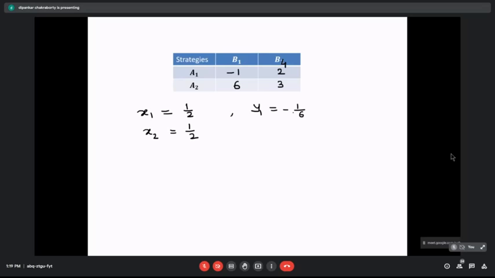Now the problem comes. What you know is that x1, x2, y1, y2, y4, they all represent probabilities. So this is not possible. As this is not possible, or in other words, this is not a feasible solution, the combination b1 and b4 will not provide us the optimal solution.